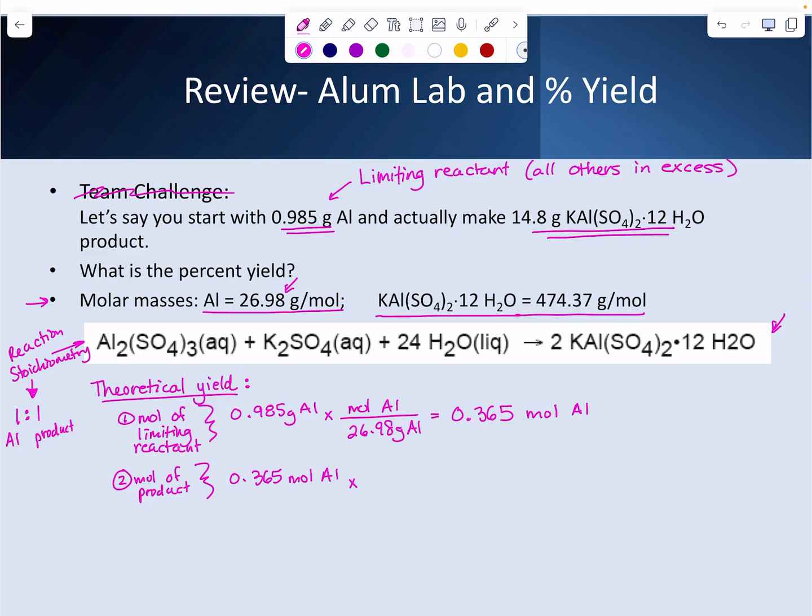So we've got 1 mole of, and I'm just going to call it the product because the formula is so long, per 1 mole of aluminum, right? So we've got 0.0365 moles of the product.